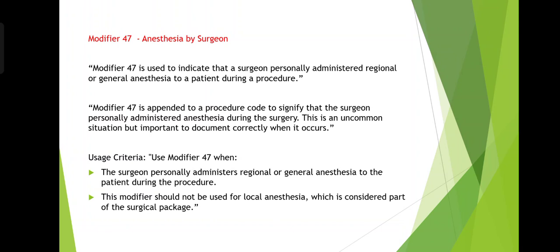It's important to note that modifier 47 is only appended to the surgical procedure code, not to the anesthesia code. Modifier 47 is used to indicate that a surgeon personally administered regional or general anesthesia to a patient during a procedure.